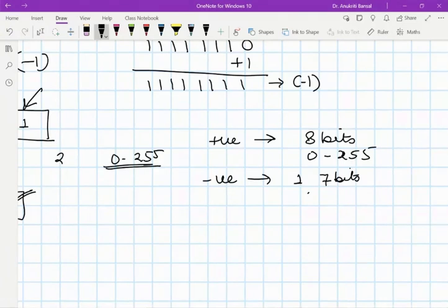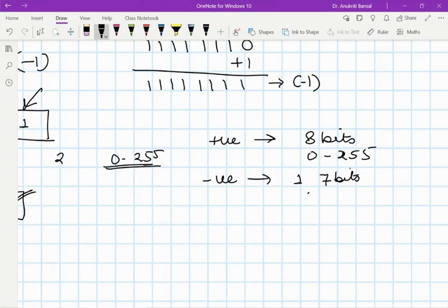Okay. Ma'am, so this will depend on two's complement, on the form in which we represent the range. Yes, it is not defined by two's complement, it is defined by whether our number is signed or unsigned. If it is unsigned, we will use the normal representation that we saw earlier. If it is signed, then we will represent that number in two's complement form. And if a question of conversion comes, it will be given that this binary number has been represented in two's complement form. So, ma'am, in the question it will be given whether it is signed or unsigned. If it is given that it is an unsigned integer, you have to consider only positive numbers, and the range will be 0 to 255. If it is a signed integer, the range will be different.